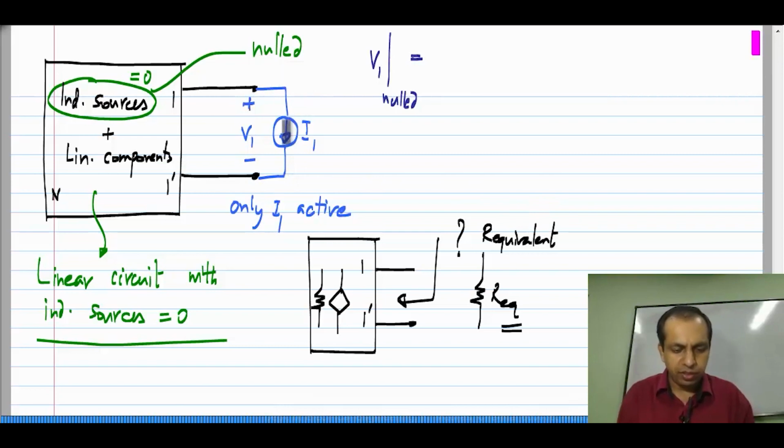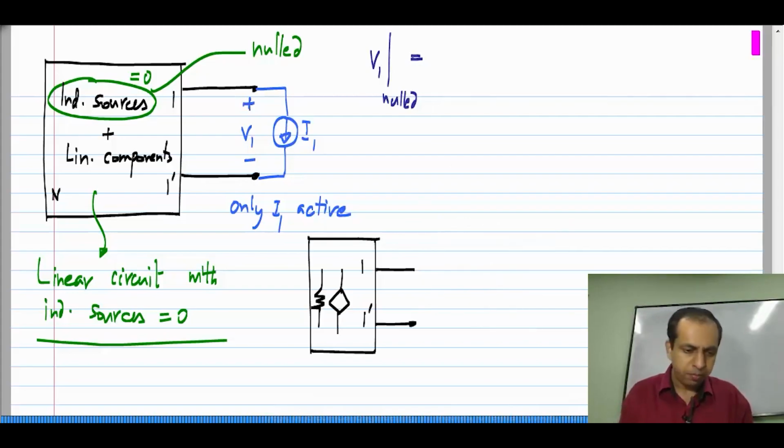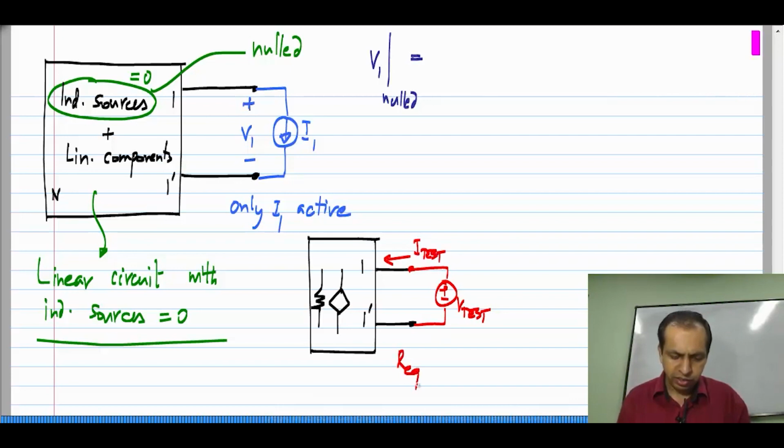Now, exactly what is it? If you look at the direction of I1, it is being pulled from this, whereas V1 is measured with this terminal being positive. So, when you want to measure the equivalent resistance of a particular circuit, what do you do? You connect a test voltage, let us say with this polarity, and measure the current flowing in, and the equivalent resistance is given by V test by I test.